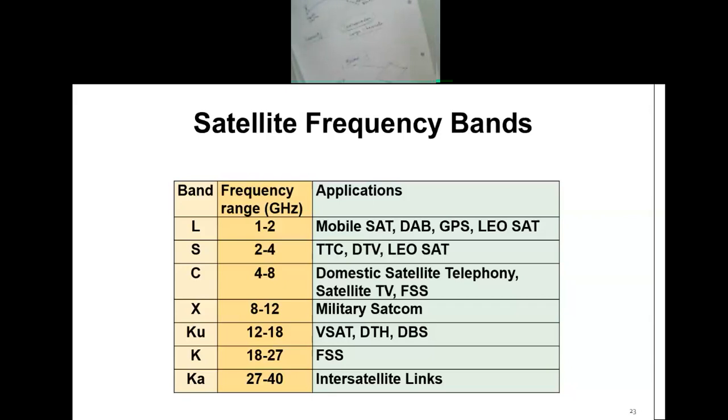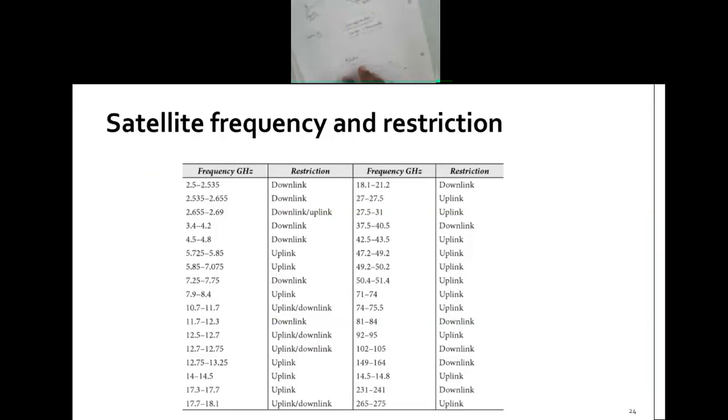S band, the applications for this new satellite. C band, domestic satellite, or we have satellite TV. It's mostly C band, which will be used at your home. For VSAT we have Ku band, K band. So these are the different satellite frequencies and their applications.